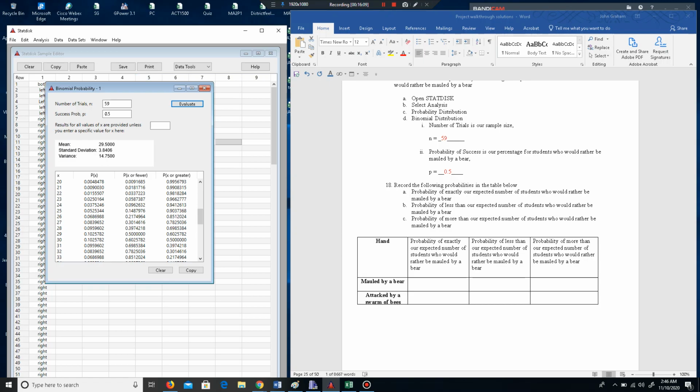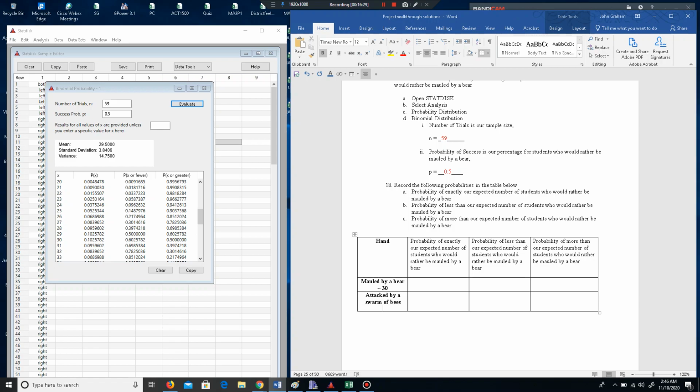Alright, so for probability of exactly our expected number, I'll go with our expected number being 30. It's close, I'm rounding up. Right, so for the bear, 30, 0.10, and for the attacker bees, you're looking at pretty much the same 0.10 because it's going to be the same numbers here.